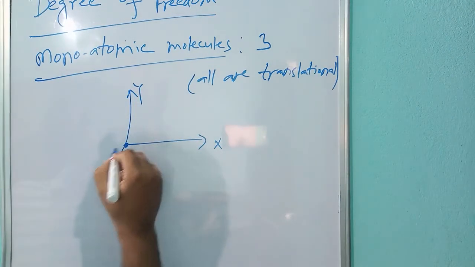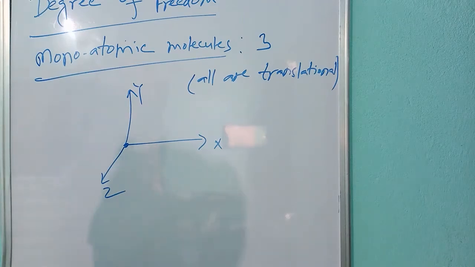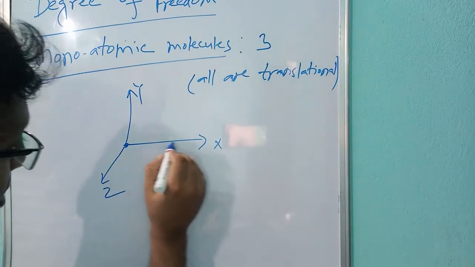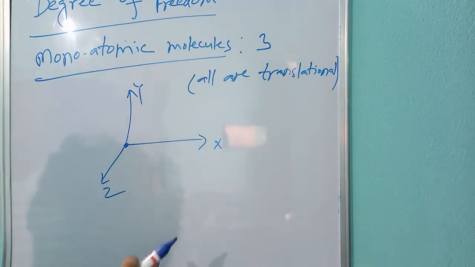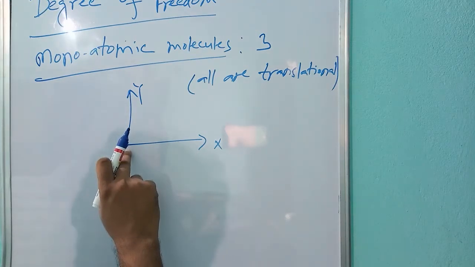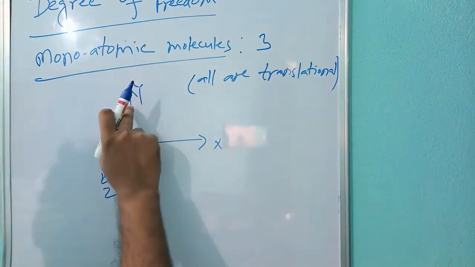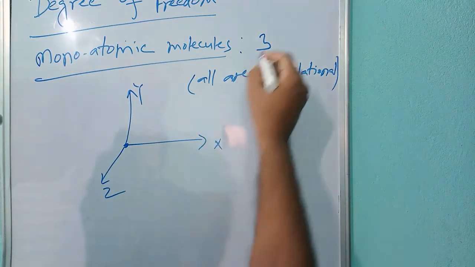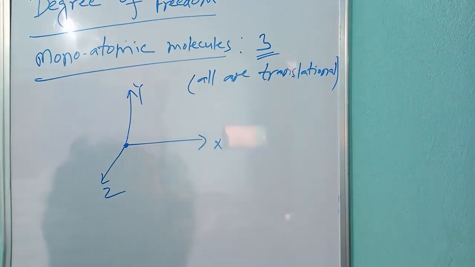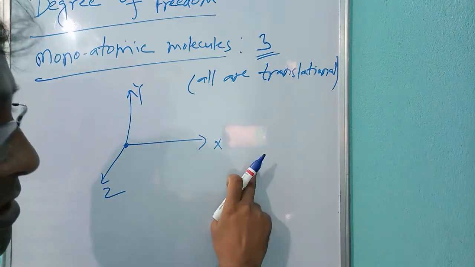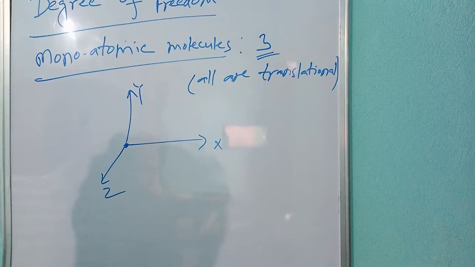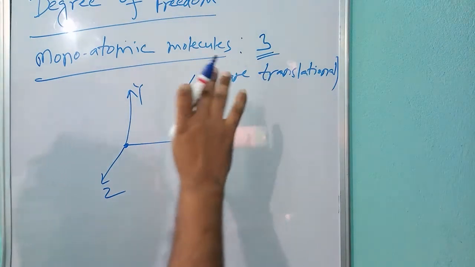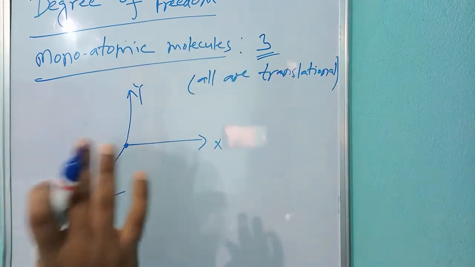If there is any particle, at a time it will move in one particular direction, either x or y or z. That's why it will translate in this direction or this direction or this direction. Therefore the degree of freedom will be 3, and all are translational. In this part there will be only translational motion.